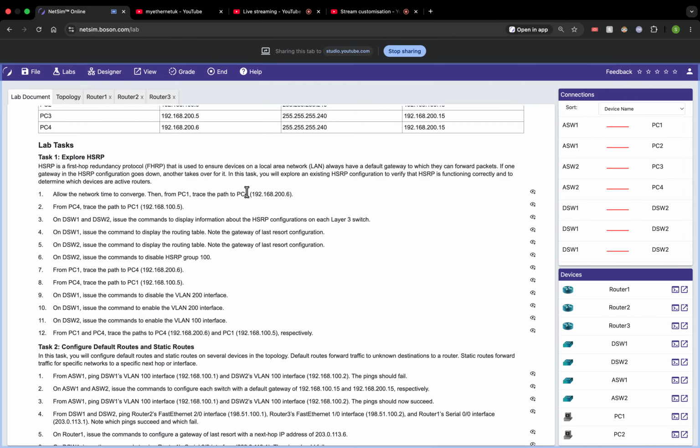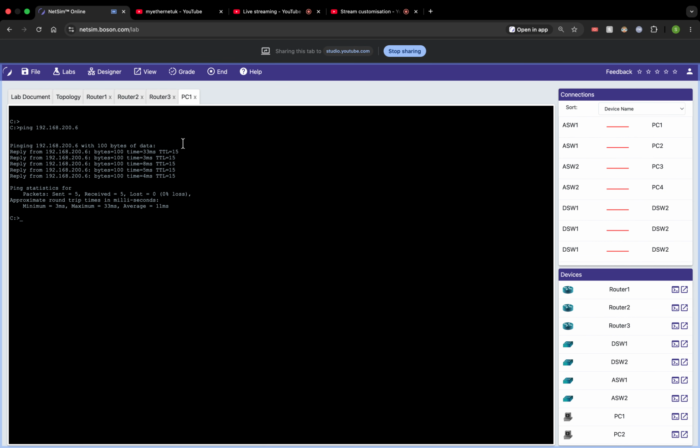Now, let's ping from PC1 to PC4, 192.168.200.6. Sorry, my apologies, 200.6. We're pinging that device, and then we trace the route to that device, with the command tracert.